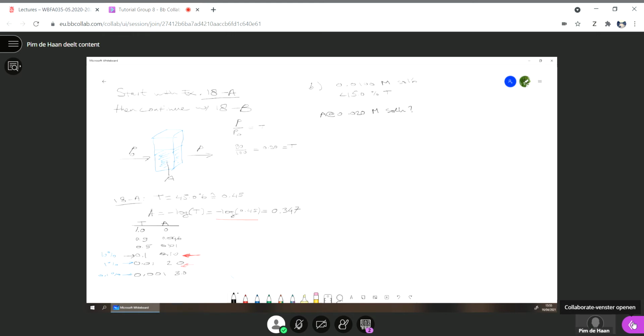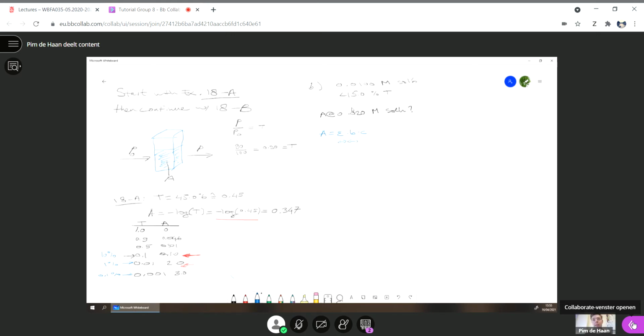Okay, so I did the equation of absorbance, and that is the molar absorptivity times b times c. So the length of the cuvet times the concentration. So you said, yeah? Yes, and the molar absorptivity and b stay the same. Okay, this one is the same, and this one is the same.